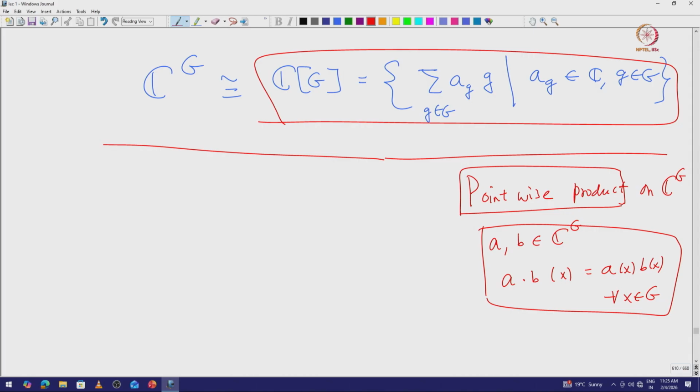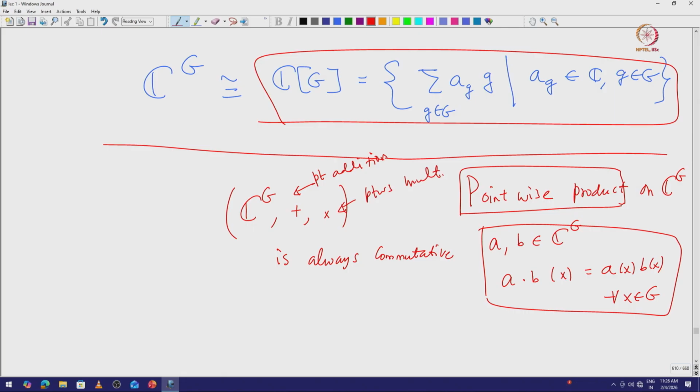That is because since C is commutative, that will imply that this C^G with pointwise addition and pointwise multiplication is always commutative.